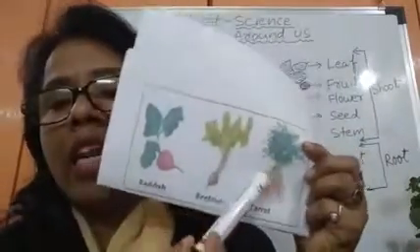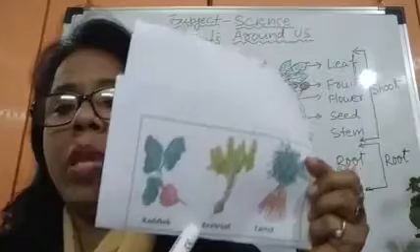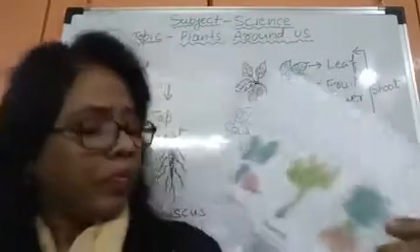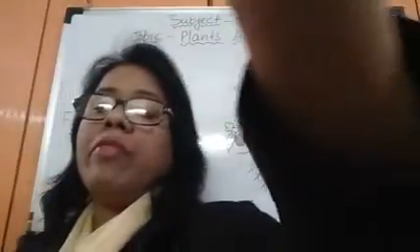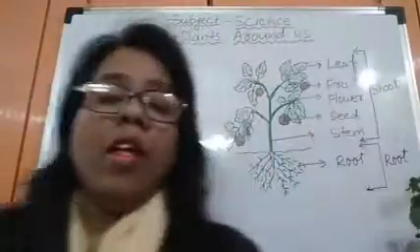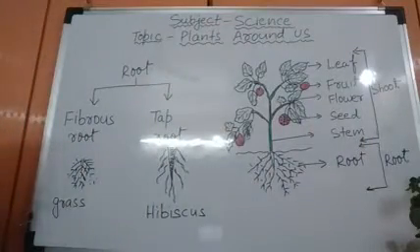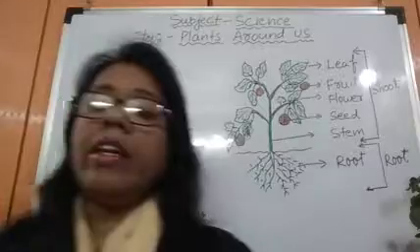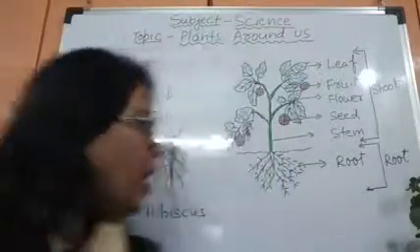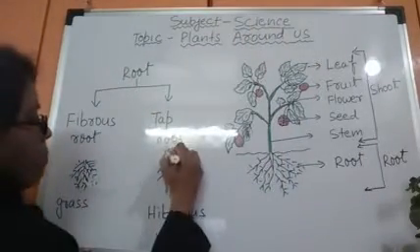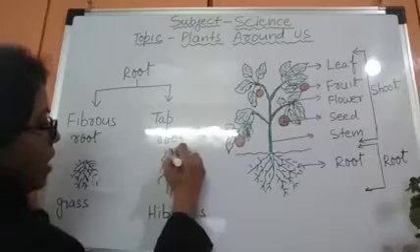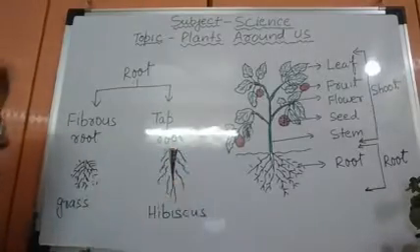Here you have seen carrot. You have seen beetroot. You have seen this one, radish. Every such plant has tap root. Fine. Tap root has one main part, and many small parts are there.